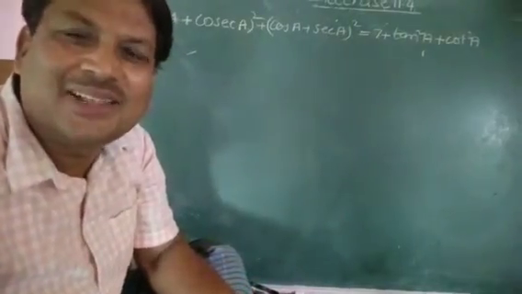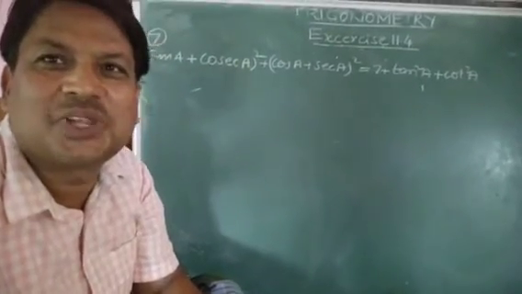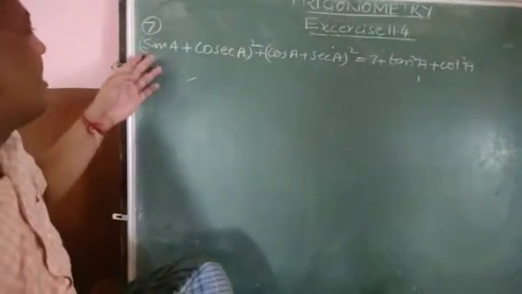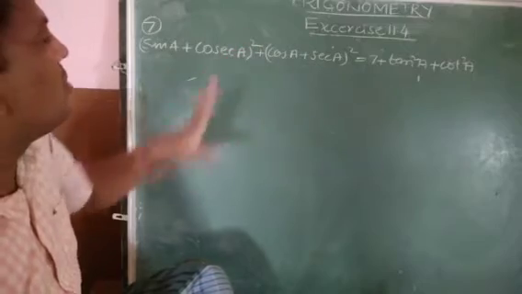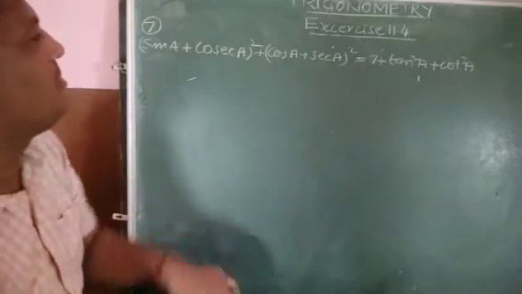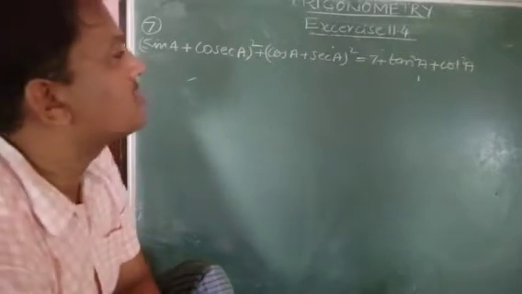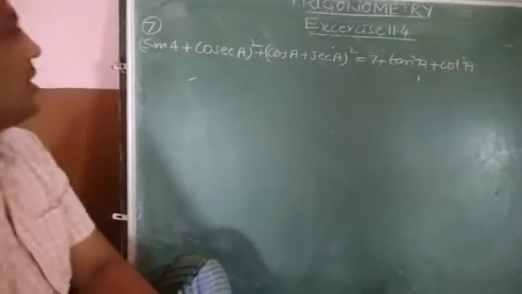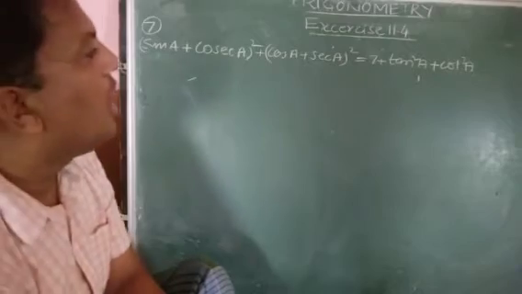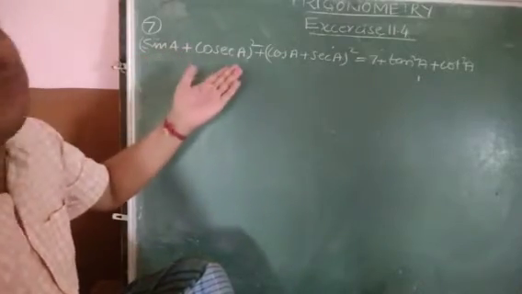Children, now the next question, number 7. It says that sin A plus cosec A whole square plus cos A plus sec A whole square is equal to 7 plus tan square A plus cot square A. Okay children, so how to prove this one? At first it looks very simple.